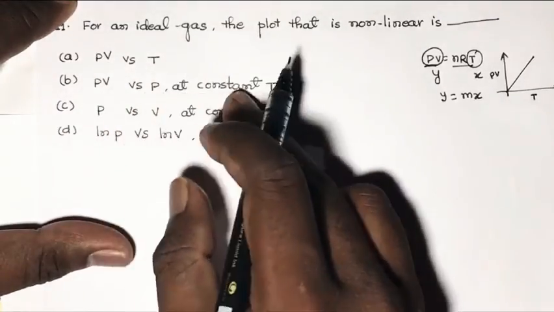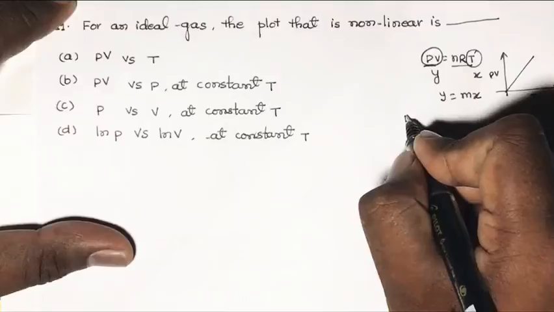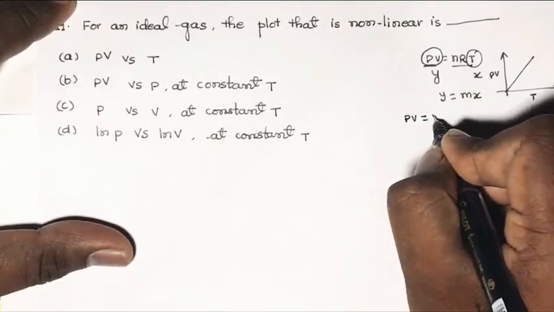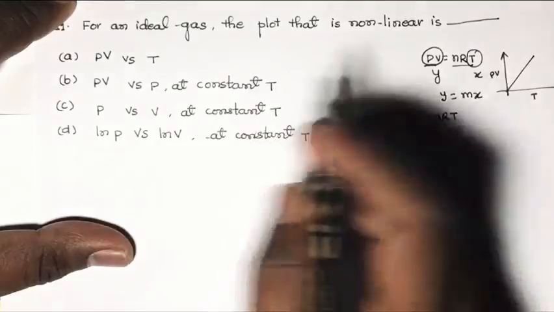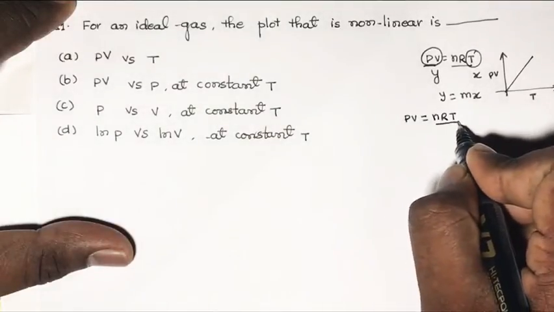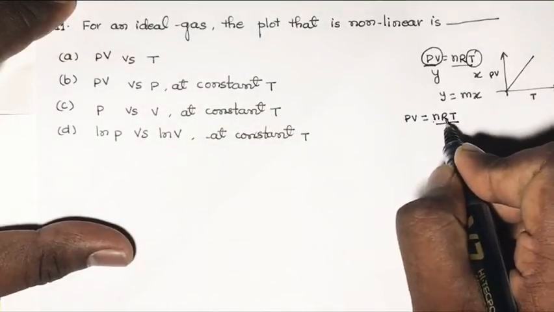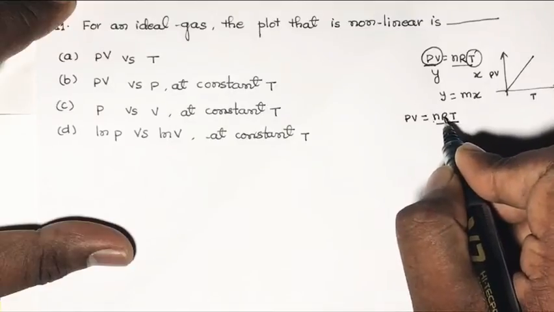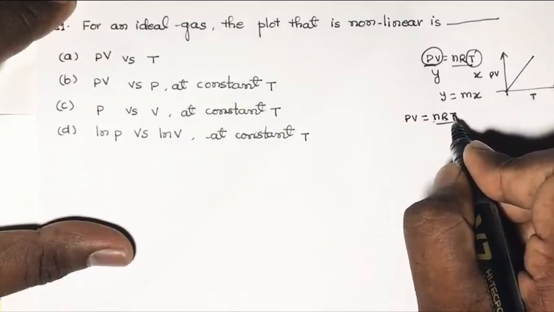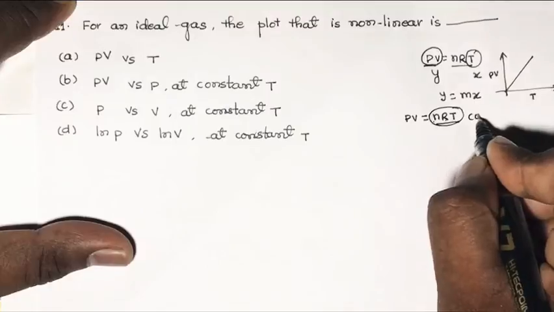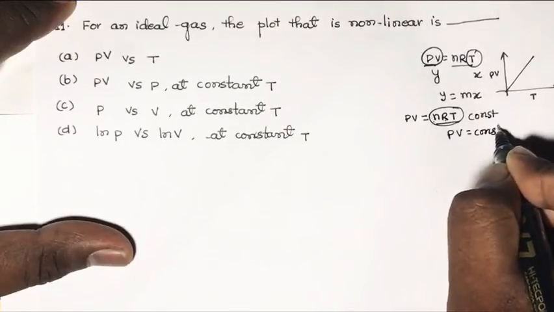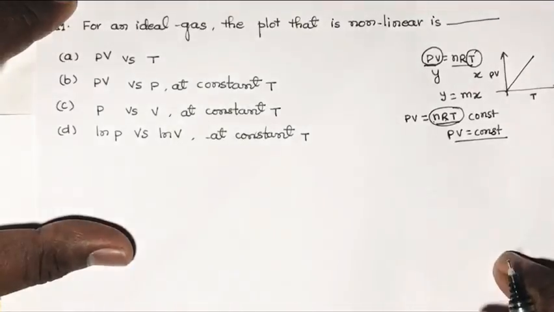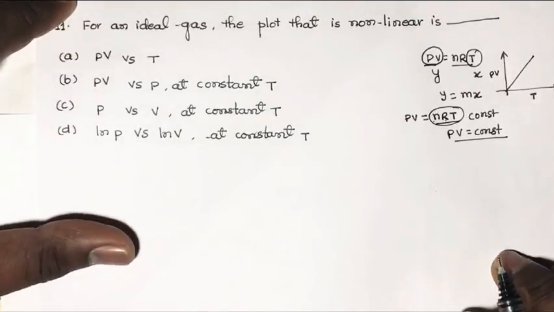Okay. Now coming to B. PV versus P at constant temperature. Again PV equals nRT. If the temperature is constant here, then nR is already constant and T is also constant, so the whole expression is constant. So PV will be equal to a constant.